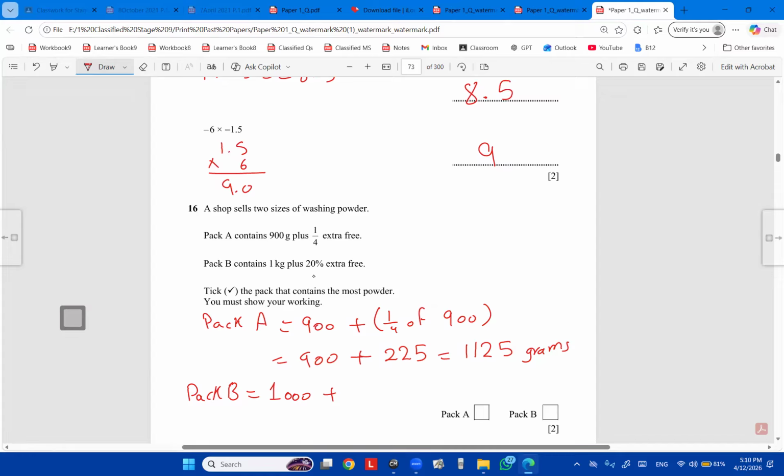If you want to do it mentally, you should know that 10% of 1,000 grams is 100, so 20% is 200. So plus 200 equals 1,200 grams. So which one has more? Pack B has the most powder.